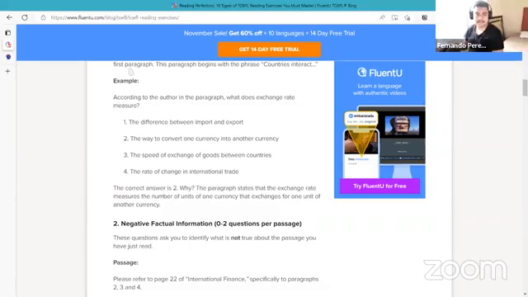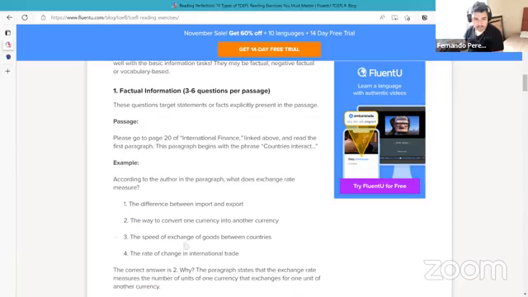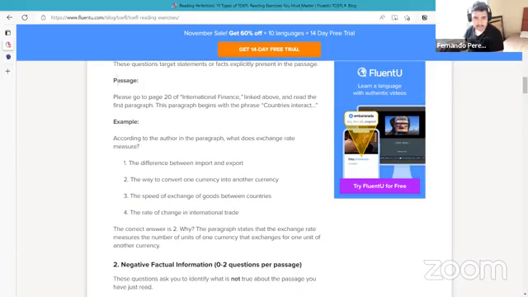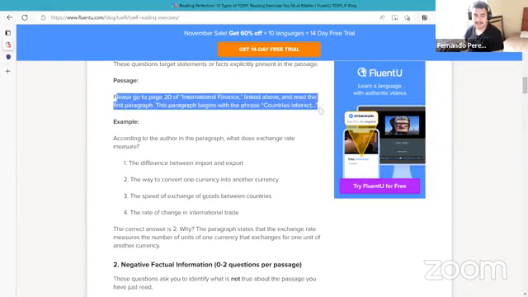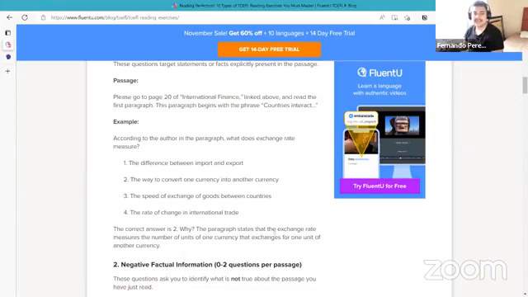That's right. I don't know where, but because the passage says, please go to page 20 of International Finance, linked above, and read the first paragraph, I think this is a mistake. This paragraph is not really saying that. But the idea is this: you need to find specific information and specific facts about the reading, right? This is the detail.